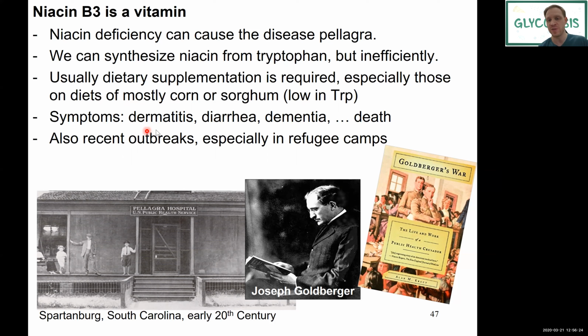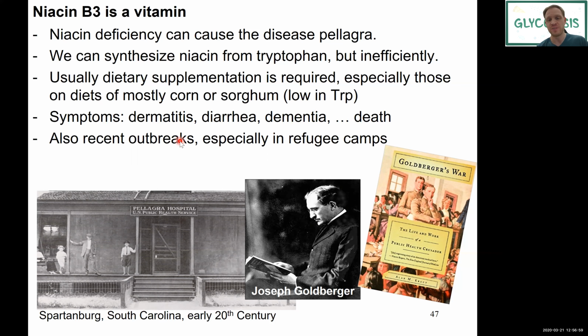As the deficiency in niacin increases, it can progress all the way to dementia, and you can eventually even die of it if you do not get enough niacin or tryptophan through your food. I should note that there have been a number of recent outbreaks of pellagra, so it's not a disease of the past, especially in refugee camps and countries that have a shortage of food. Pellagra has been coming up frequently over the past years.